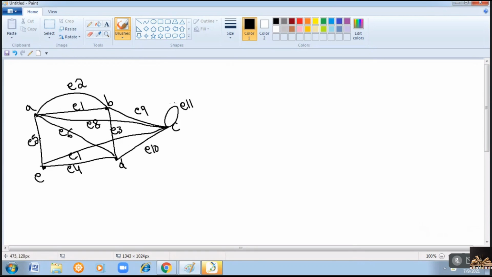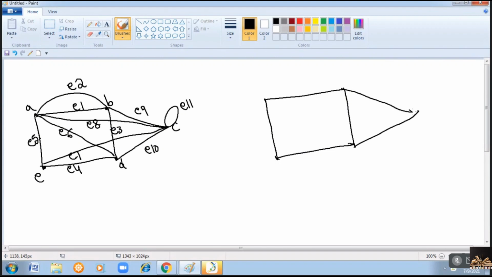Second point, eliminate self loops. And third point, eliminate parallel edges. I'll just apply both second and third step and I'll redraw the graph. So how many parallel edges we have? This is one self loop and this is one parallel edge. I think we have to eliminate only these two, right? So after eliminating these two, what is the graph you will get? I'll eliminate E2, which is a parallel edge.